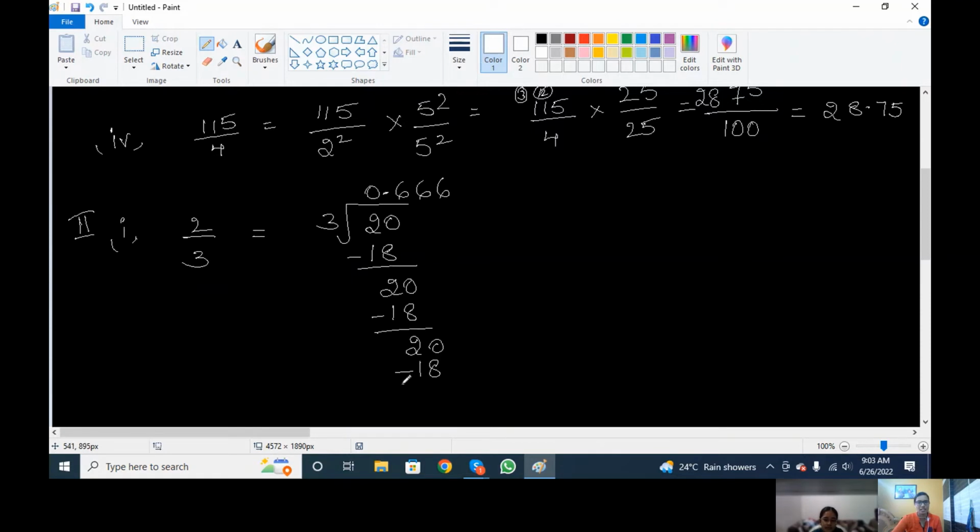So again and again we are getting the same thing. Hence stop doing, and this can be written as 0.666. So we already discussed that after the decimal point, when a decimal digit is repeating continuously and not ending, what can you write this as? 0.6 bar or 0.6 cap. The number which is repeating should be mentioned with the bar. Only that number.